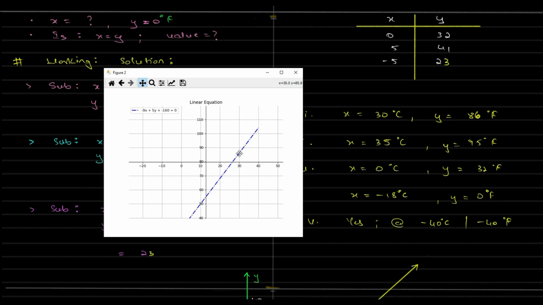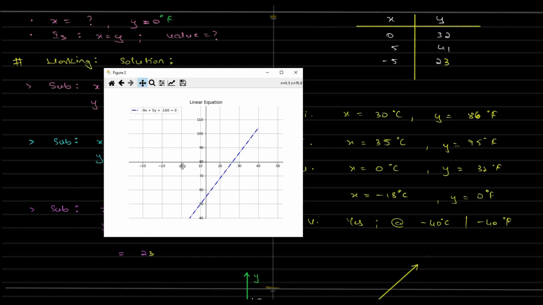Oh yeah, it's correct. Can you see that on the top right over here? You'll get the answer over here. Can you see that? 30 and approximately 86. 35 is somewhere over here in the middle, and 95, correct.